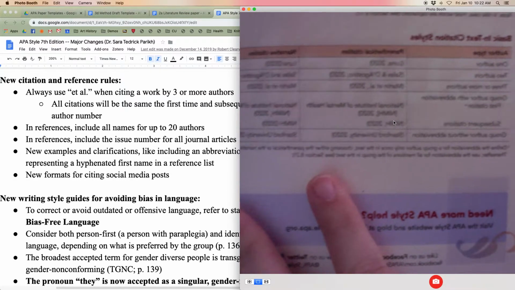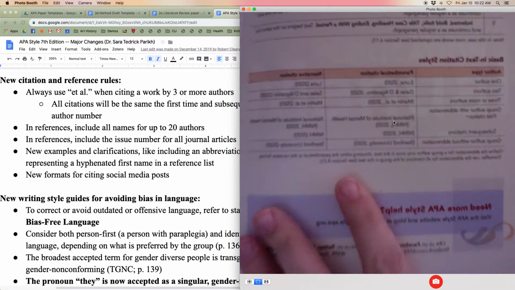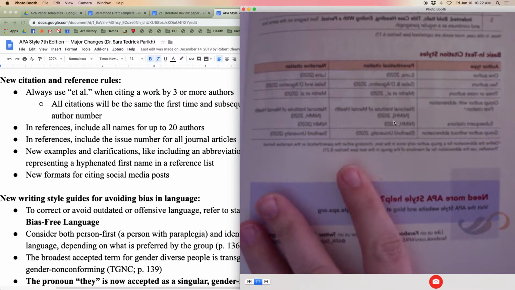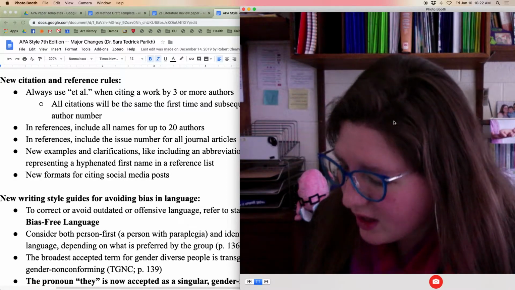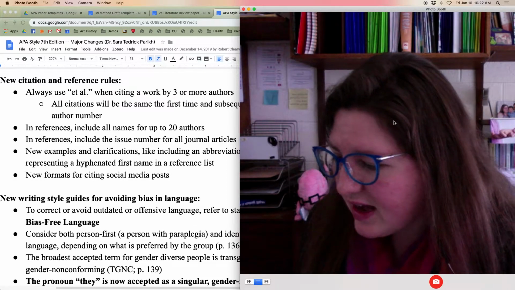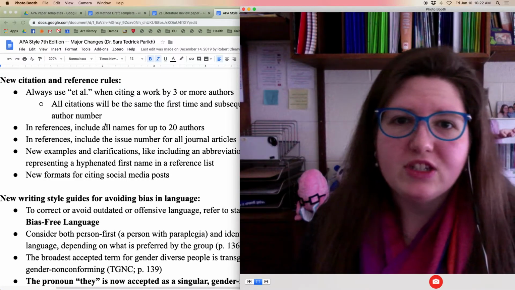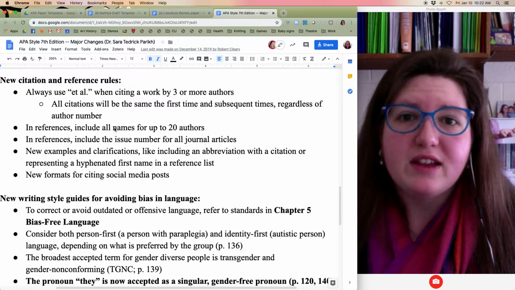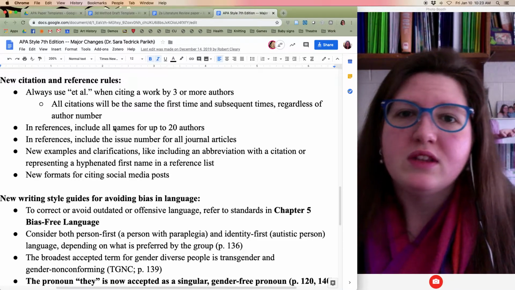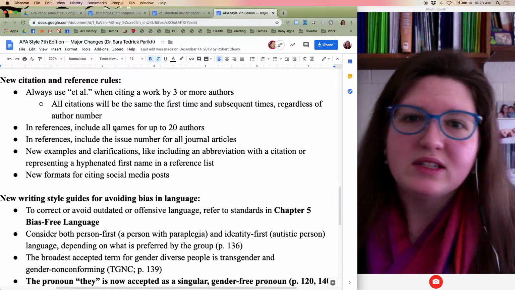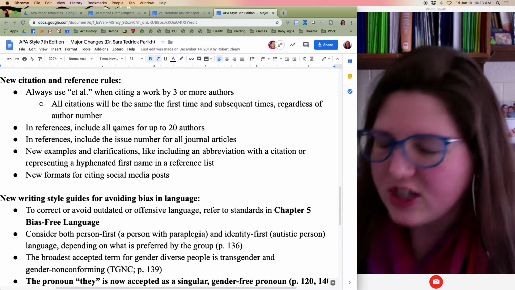It's not focusing quite clearly enough for you to read, perhaps, but they do have a table that makes it nicer. Essentially, what they're saying is that there's one way to do it in parentheses, just at the end of the sentence, and there's a way to do it if you're using the names as part of the sentence, which they call a narrative citation.